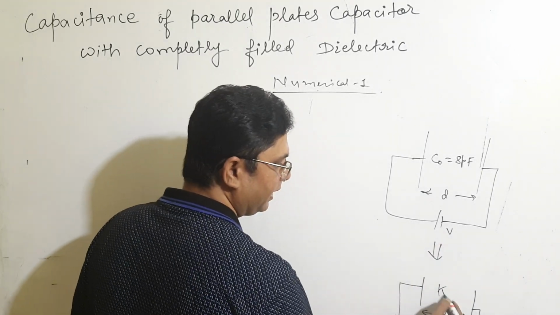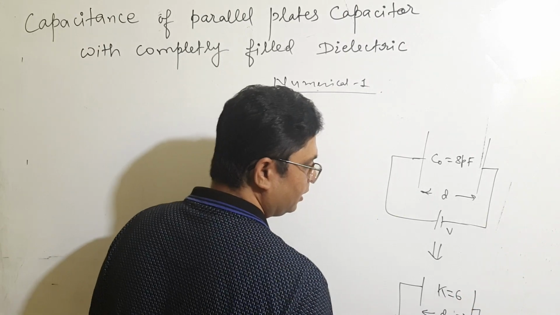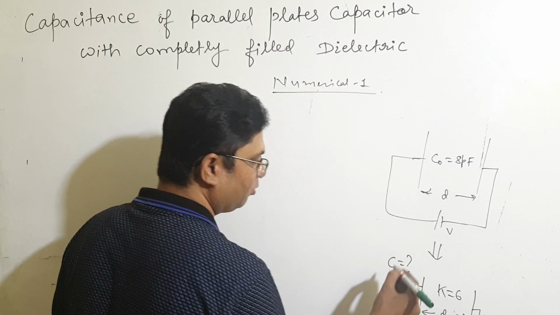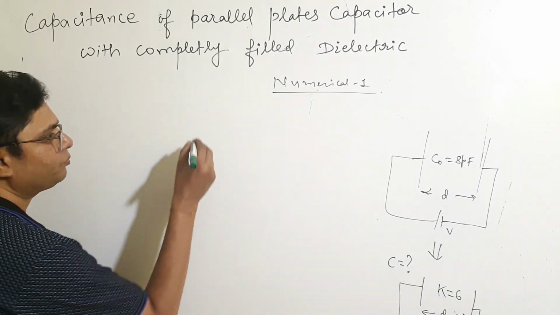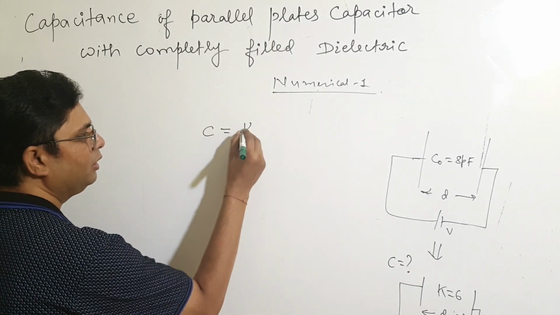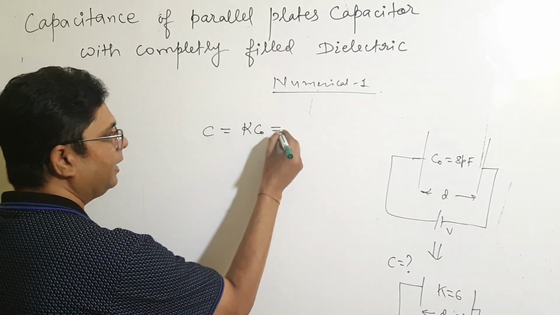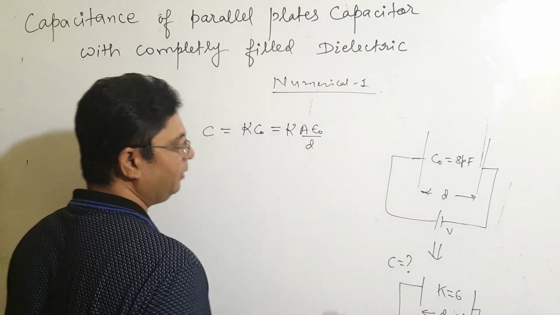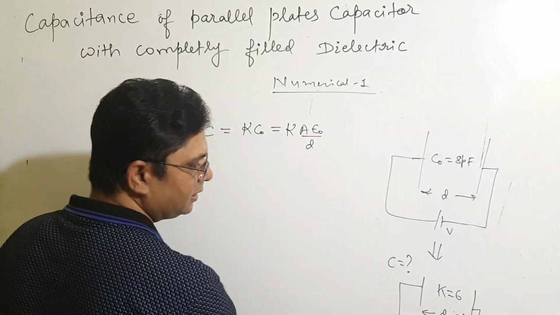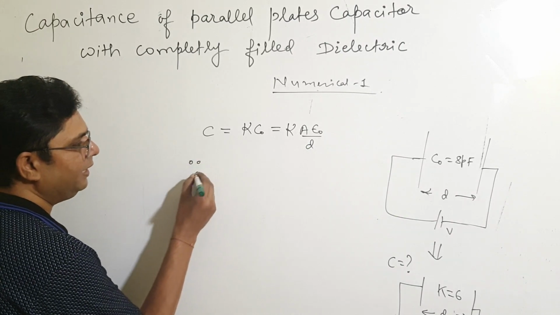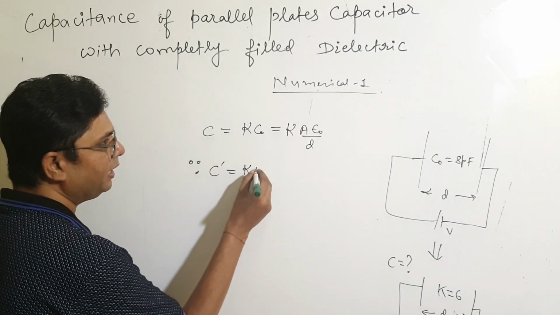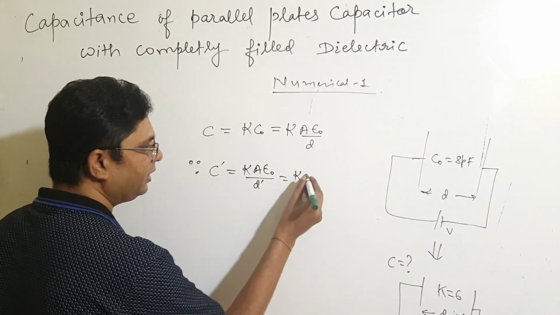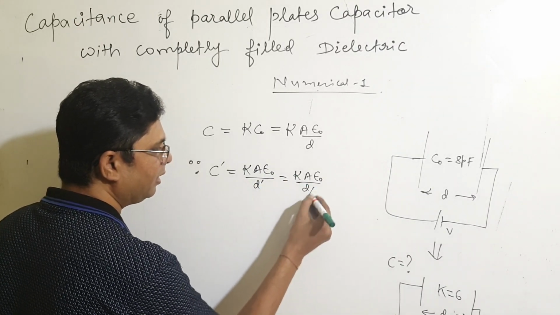Now put a mica sheet with K equals 6. What will be the new capacitance? This means you have to find C. You know the formula, C equals K C naught. C naught is A epsilon naught upon D. Since the distance is reduced to D by 2, C dash equals K A epsilon naught upon D dash, which is K A epsilon naught upon D upon 2.